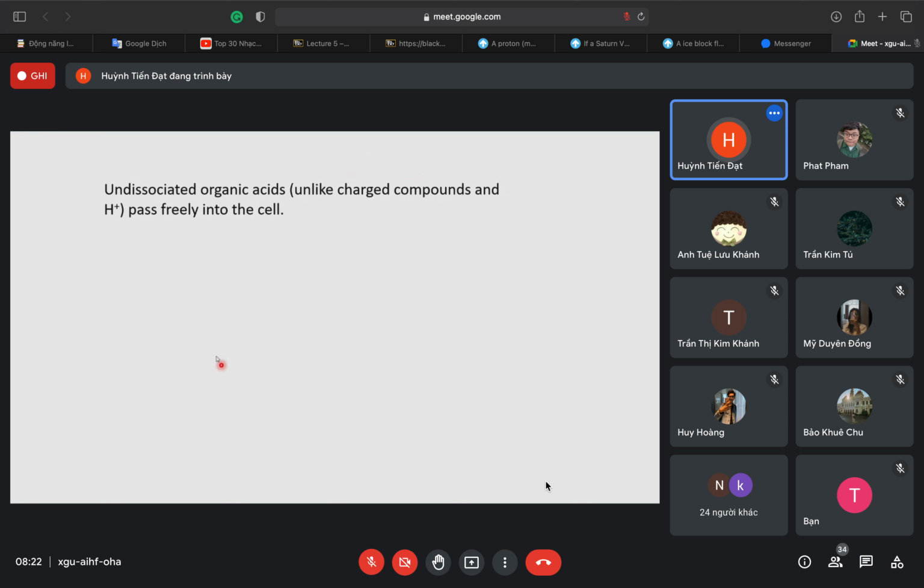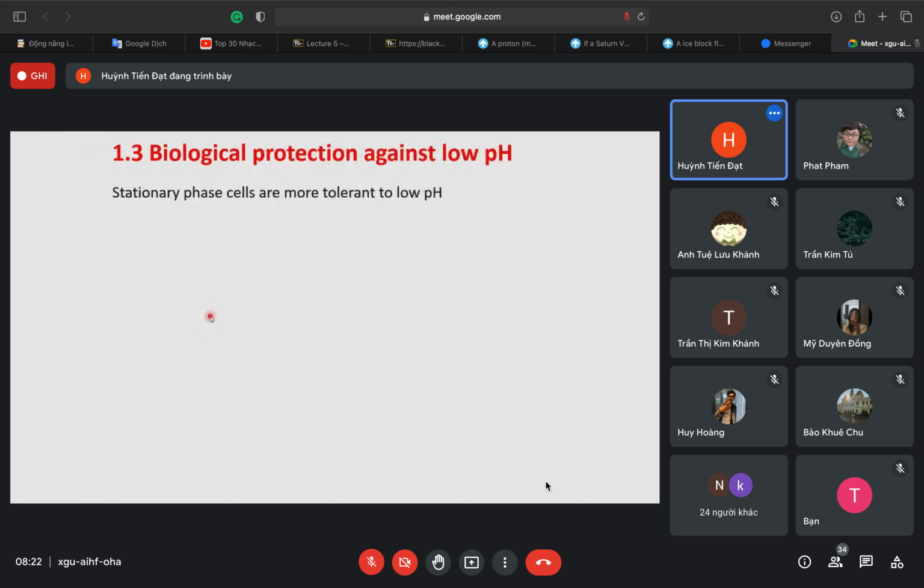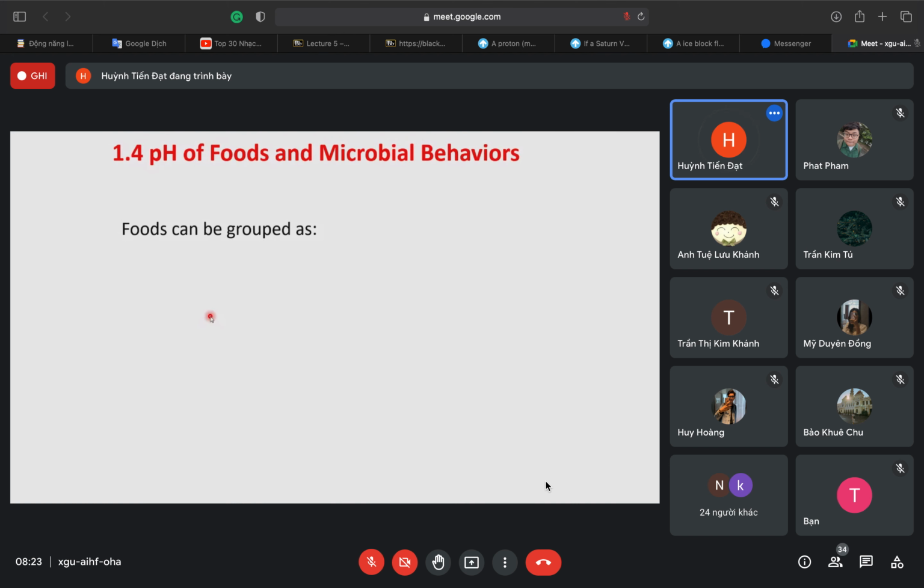Now we move on to the classification of food by acid and the microbial behaviors. The food can be grouped into several groups, okay.